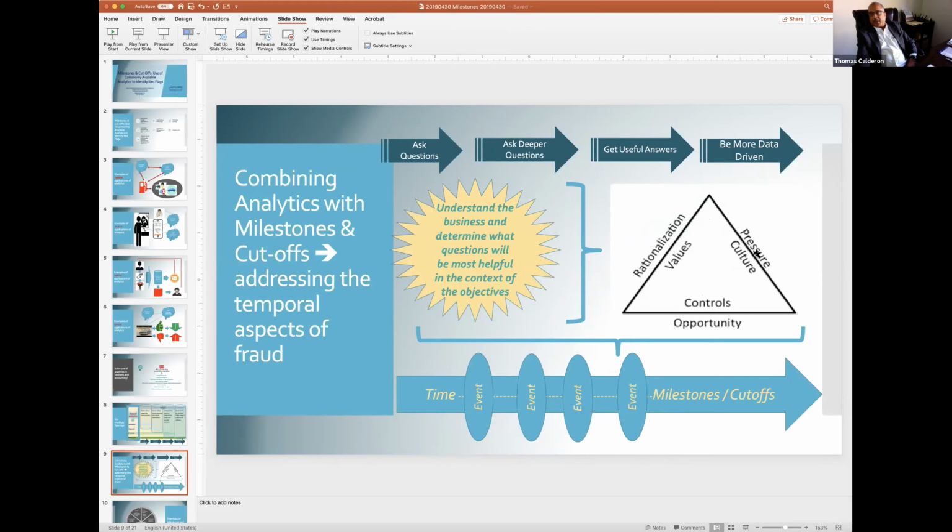For example, the pressure to meet a milestone, or in situations where individuals could rationalize their behavior. Well, one of the ways that analytics could help us utilizing this particular triangle is that analytics could help us to identify potential pressure to commit fraud. And you'll see how I apply this with our milestones and cutoffs modeling in a short while.